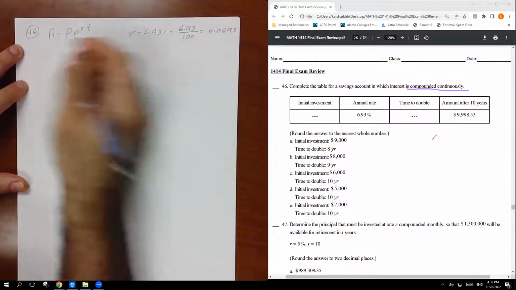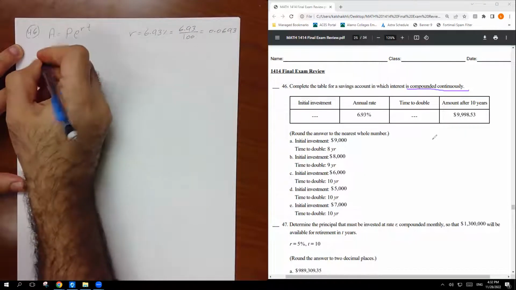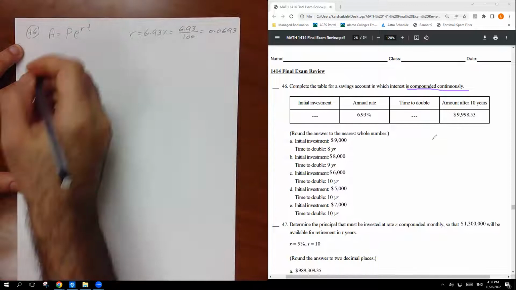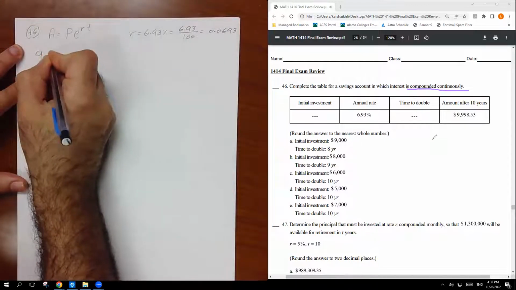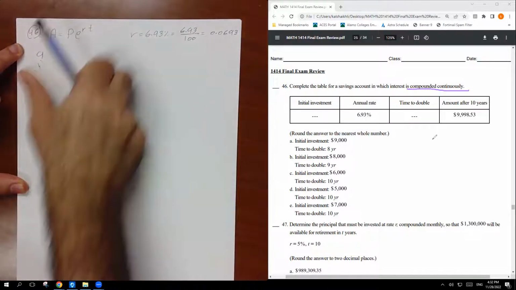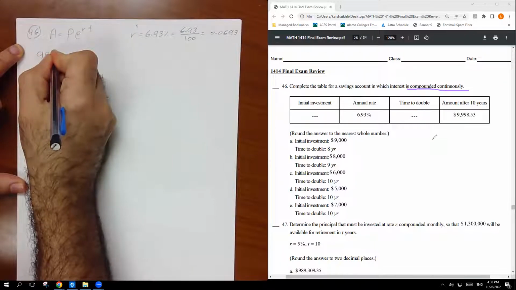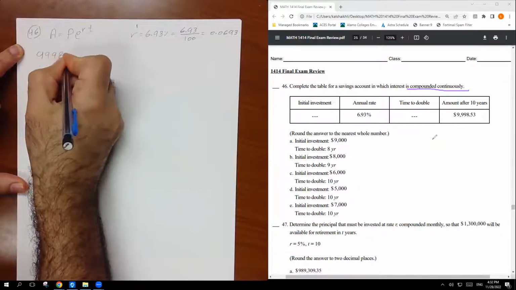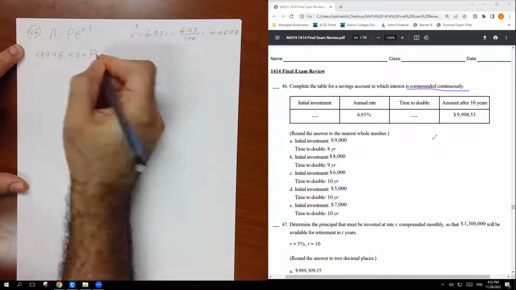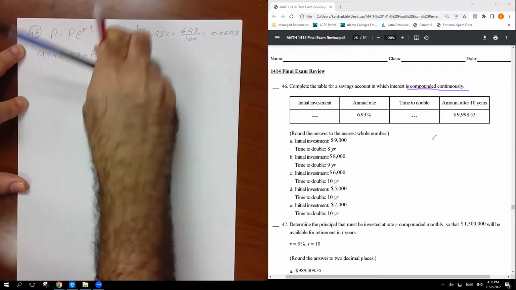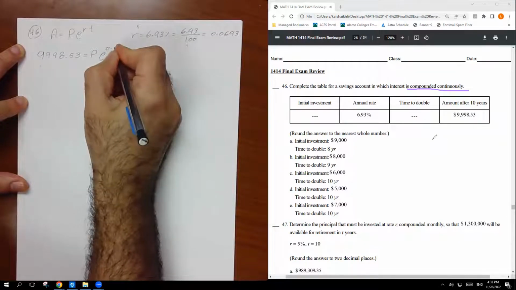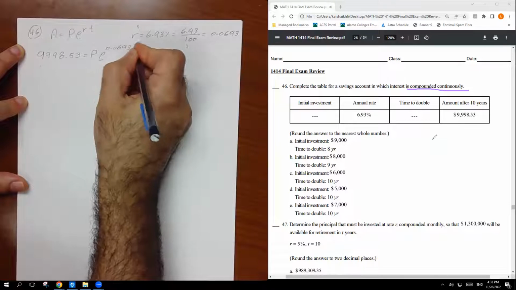Now we're just going to plug in everything here to find the initial investment. That means the future value, because we already have the future value, is 9,998.53. It equals the initial times e to the rate, 0.0693, times the time.